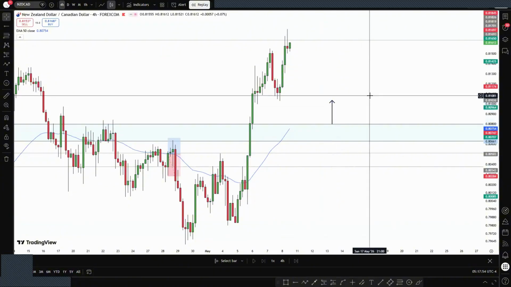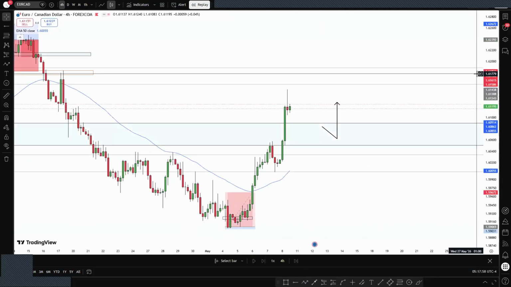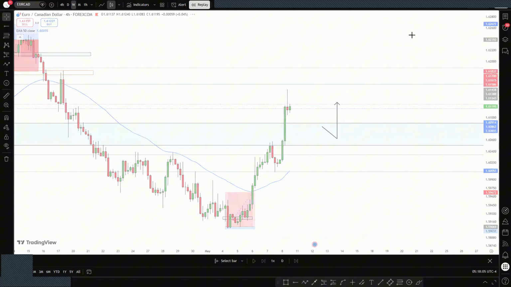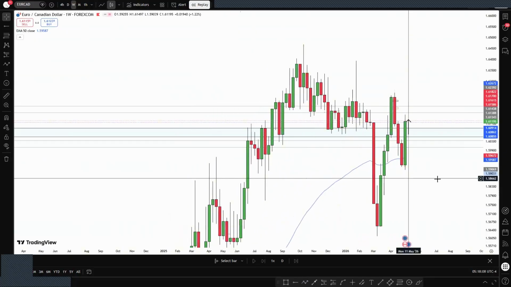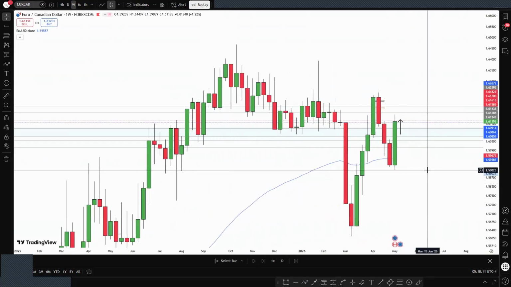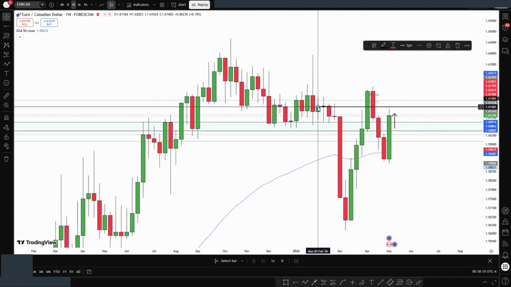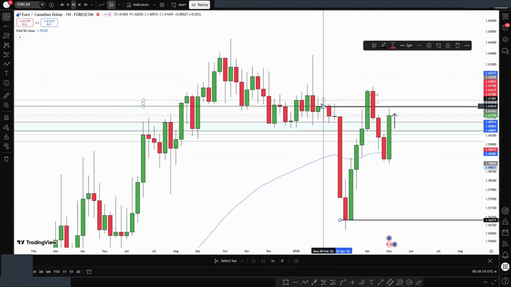Yeah, and so after that, let's go to Eurocard. It's the same thing with Eurocard, since you now know where these lines are coming from, I can make this faster. You can see price was bearish here. Then price broke above this zone.